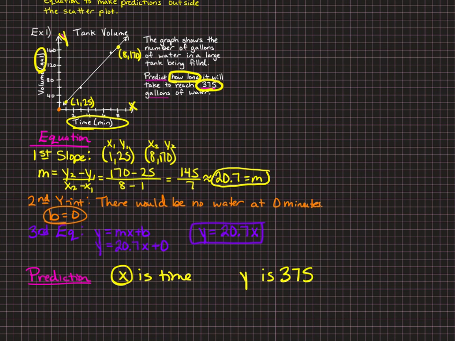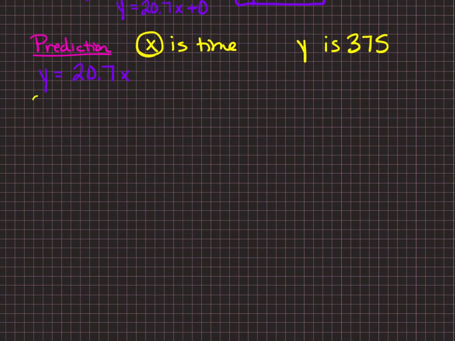So I'm going to plug those two values into my equation. Y is 375, and then x is our unknown. So we just end up with a little one-step equation. We're going to solve this for x because we're looking for x, the amount of time or how long it takes to reach 375 gallons.